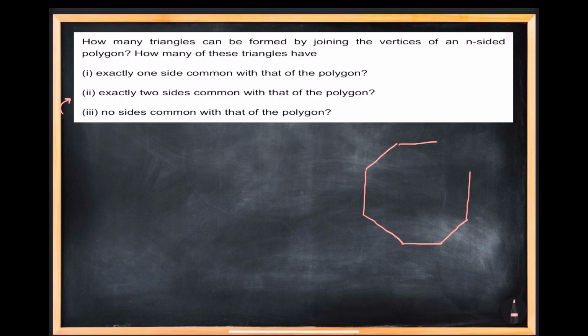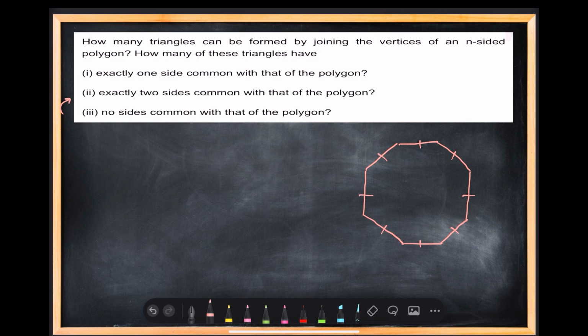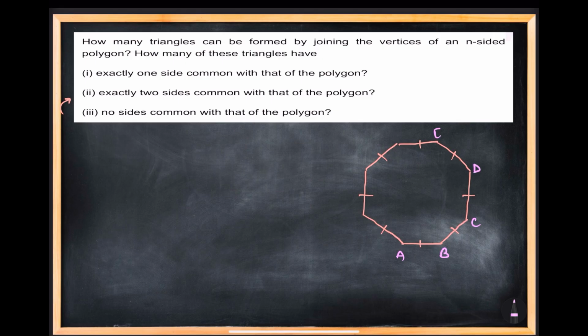It is 1, 2, 3, 4, 5, 6, 7, 8. Now be super slow and try to observe what I am taking: A, B, C, D, E, F, G, H. So we are dealing with an octagon.